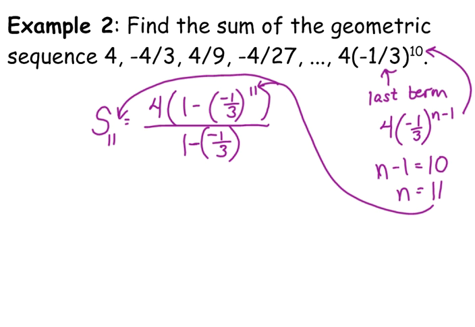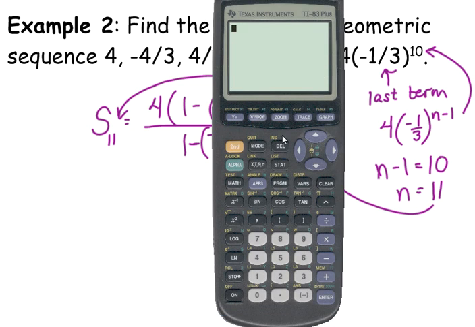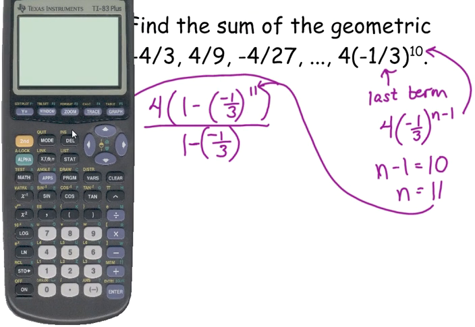Now, most people can set up the equation. They struggle a little bit with putting it in their calculator because you need lots of parentheses. Honestly, my suggestion is chunk it up. I would do just the negative 1/3 to the 11th first. Negative 1/3, make sure it's in parentheses, to the 11th. 1 minus that answer.